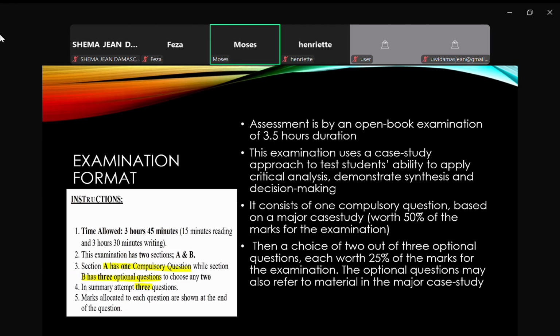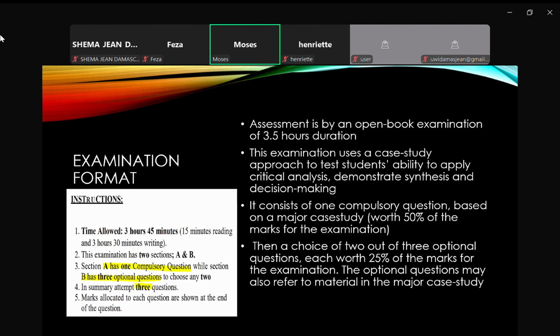This examination has 2 sections, A and B. Section A has 1 question which is compulsory. Compulsory means you must attempt it. It's not optional. Section B has 3 optional questions. You are expected to choose 2 of them out of those 3.